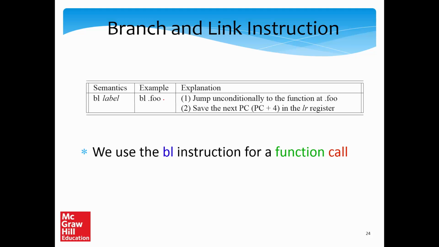and the label points to the first instruction in the function. So the BL instruction, branch and link, does two things. We jump unconditionally to the function at .foo, and we save the next PC, which is the current PC plus 4, in the return address register, which is actually called the LR register in ARM.